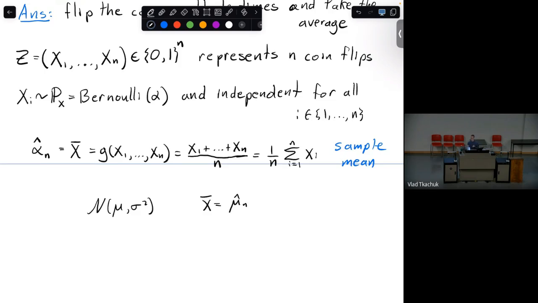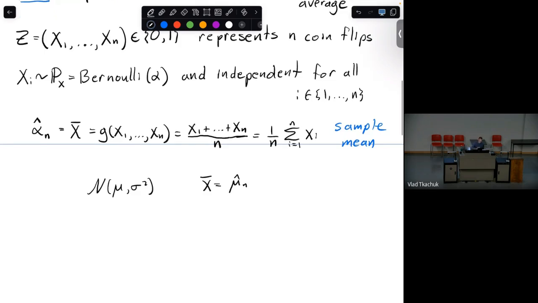So this is notation you're going to see. It's kind of general. It says this is just the sample mean, and the thing it's trying to estimate is mu, so you write mu hat. So the sample mean can be used to estimate the mean or expected value of any random variable, and different random variables have different expected values.